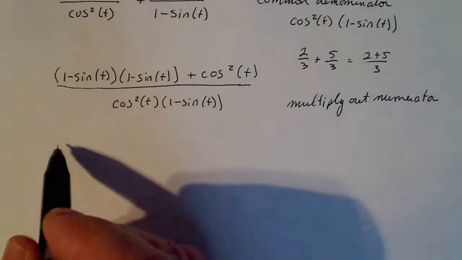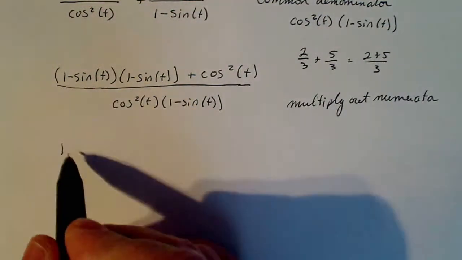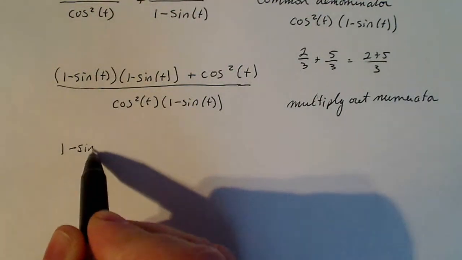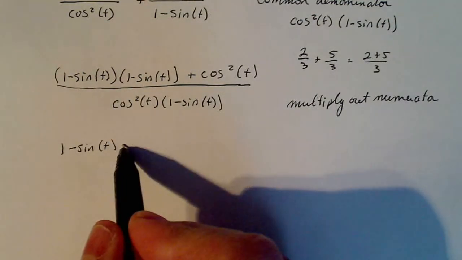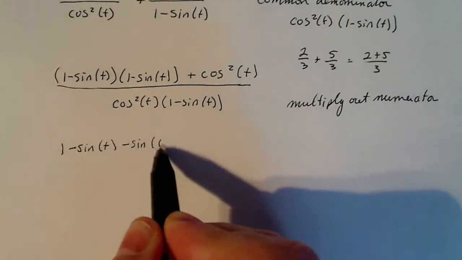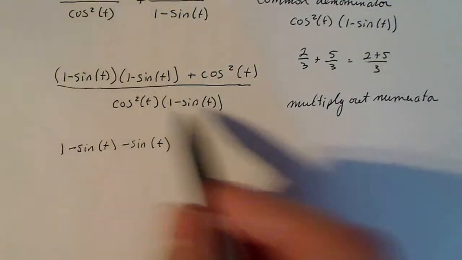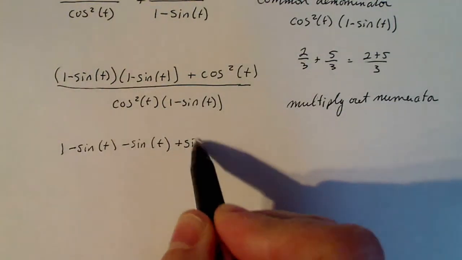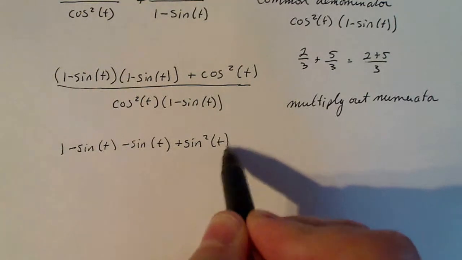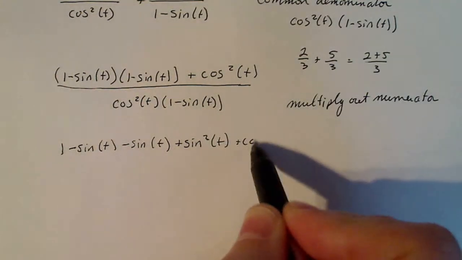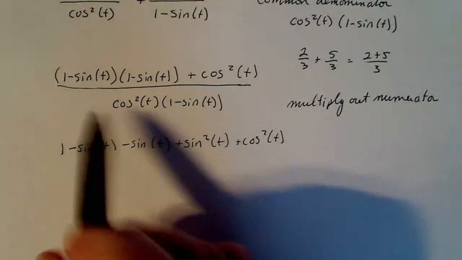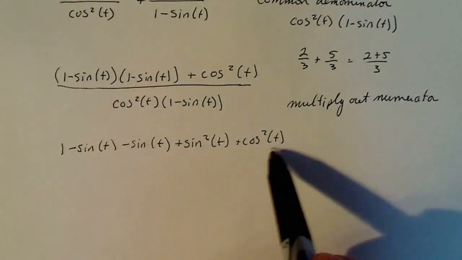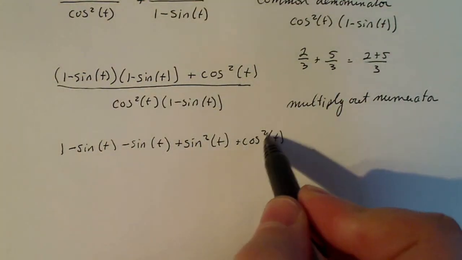So 1 times 1, 1 times minus sine t, minus sine t times 1, and then minus sine t times minus sine t is plus sine squared t. And then plus cosine squared t. So these first four are that multiplied out, and then cosine squared t. And the bottom stays the same.